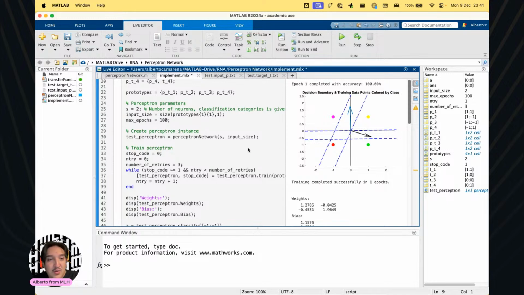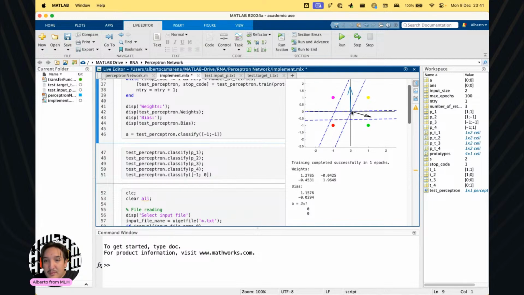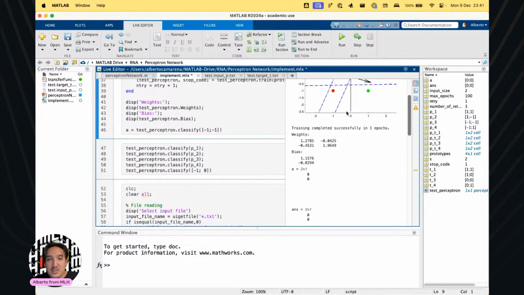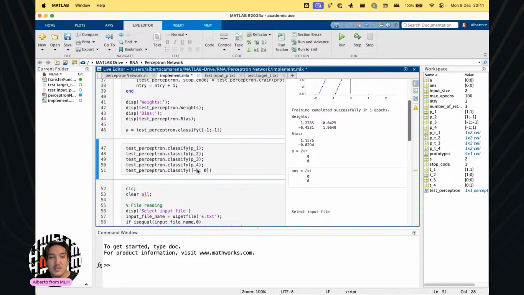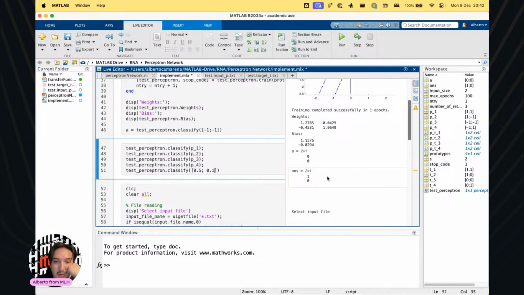So if I do 1, 0.1, or 0.1, 0.5, positive, and 0.1 positive, I should see 1, 1, 1, 0.